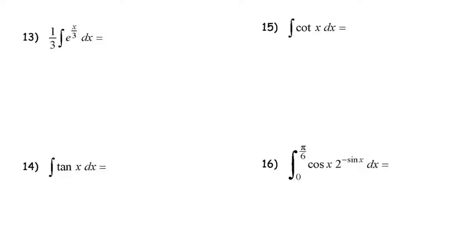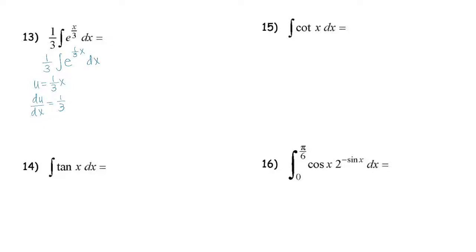Okay, our next problem. I'm going to rewrite this so that we can see kind of what's going on here. That is e to the 1/3 times x. And so we see we can do a u sub with this. And so du dx is going to be 1/3.